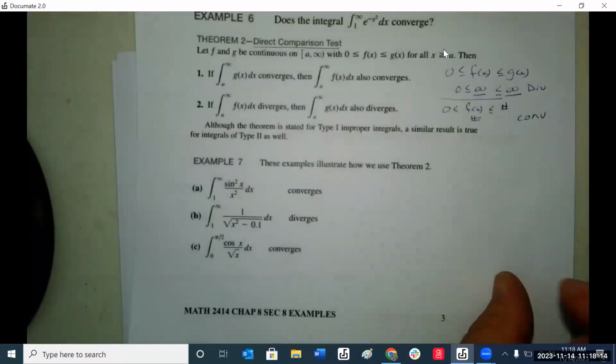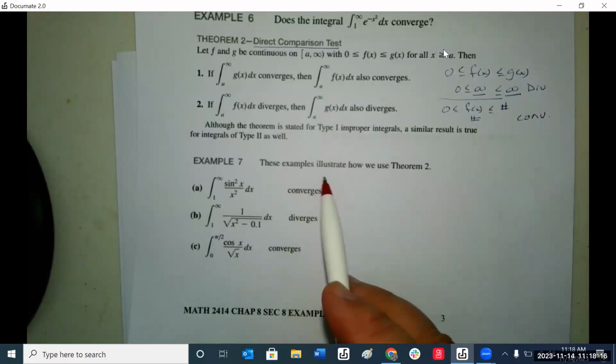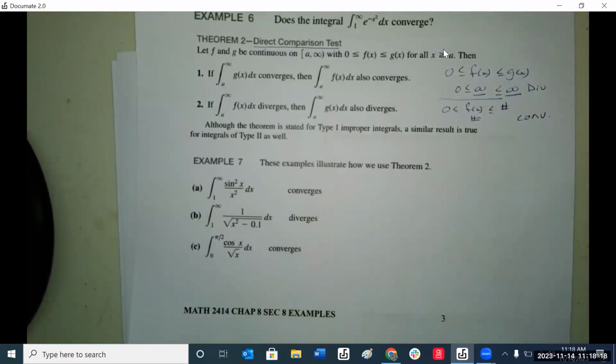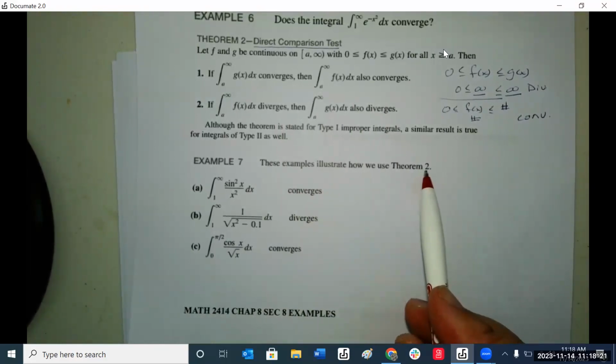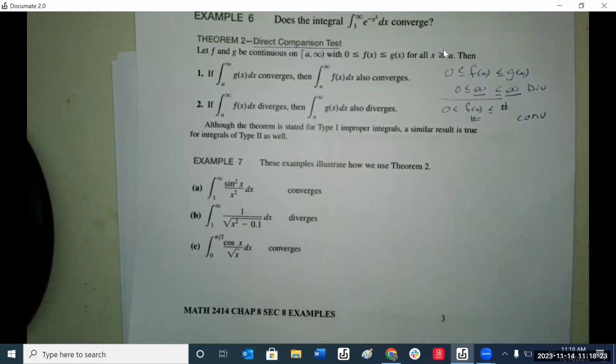Okay, look at this one. What was example 7 in my sheet? There we go. These examples illustrate how to use theorem 2. Okay, so let's see this.